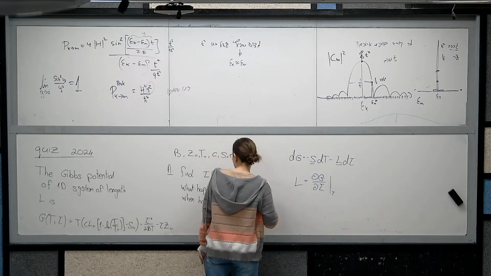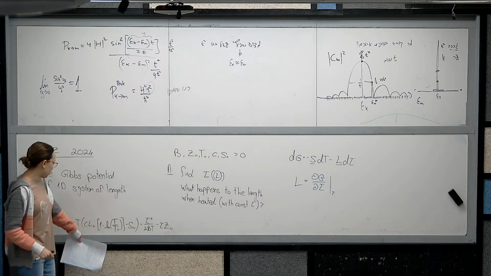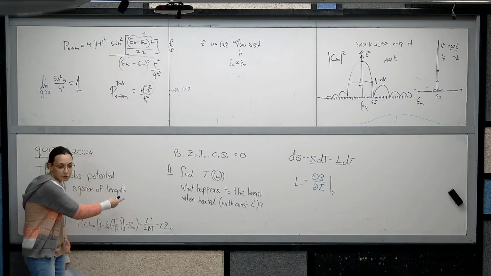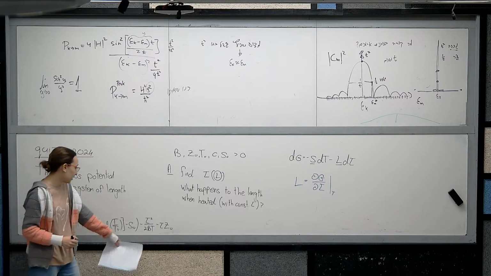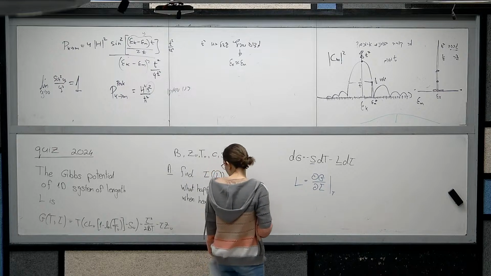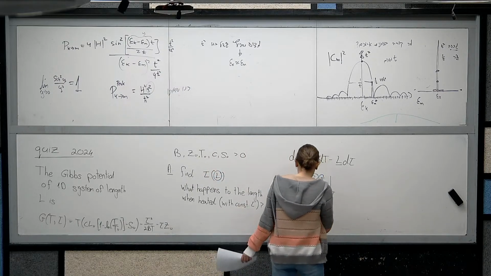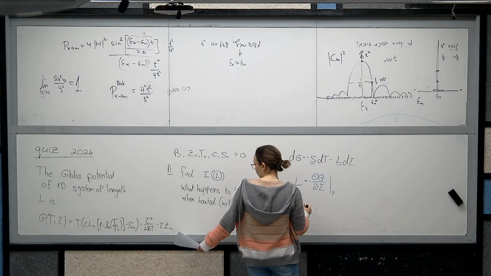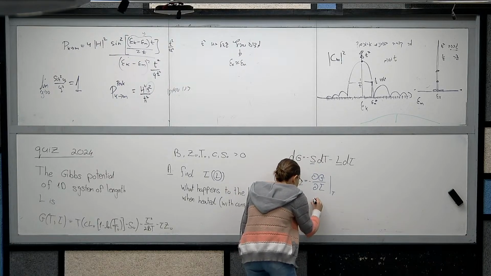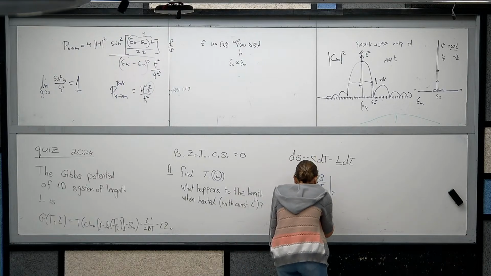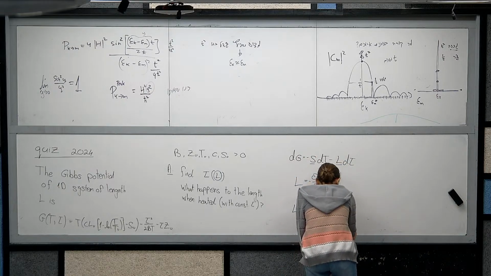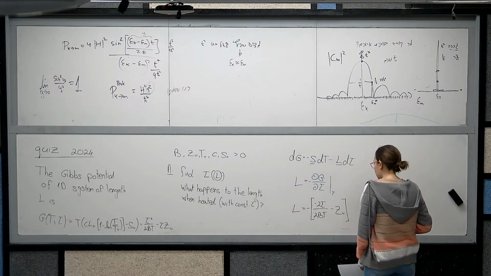The derivative of G relative to tau while T is constant: all these terms just cancel in the derivative, and we have two terms to differentiate. So this will be equal to, with the minus from the equation, minus 2 tau divided by 2(bT minus Z0).